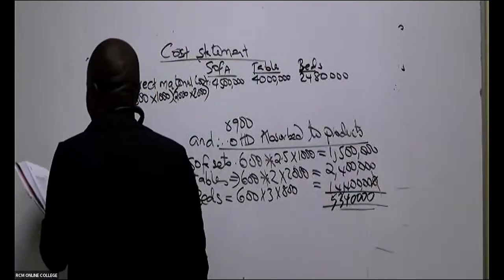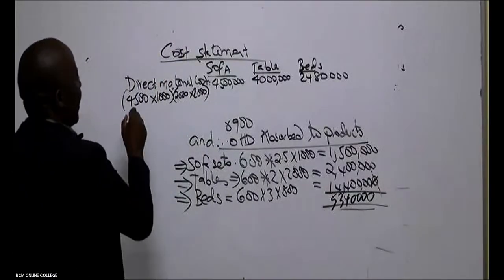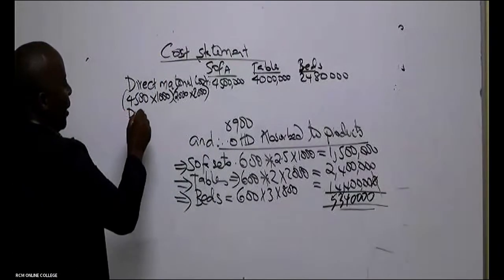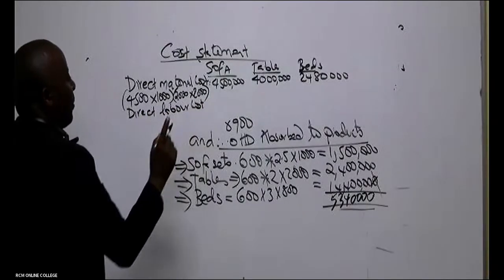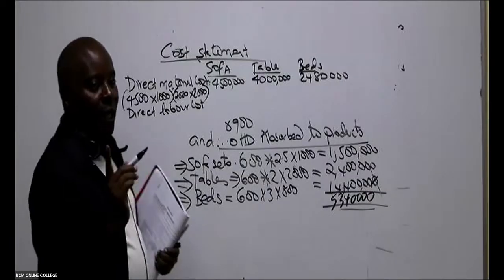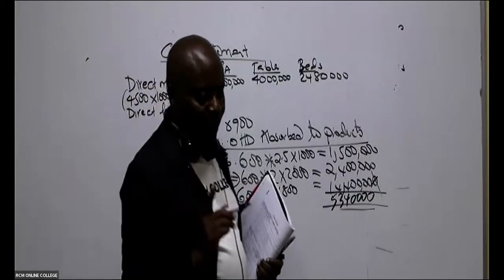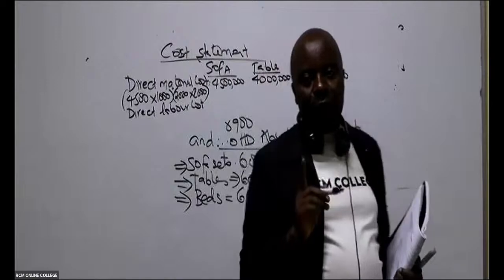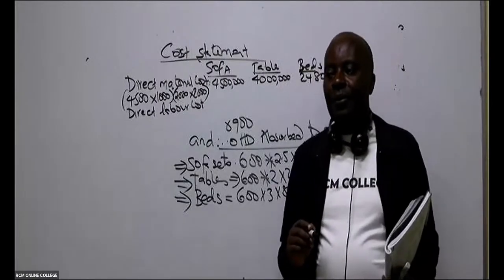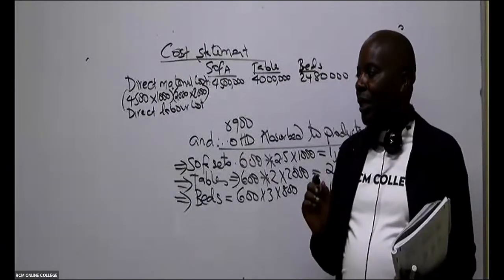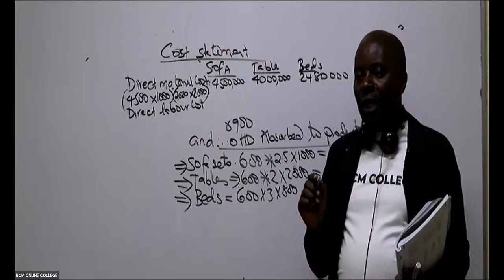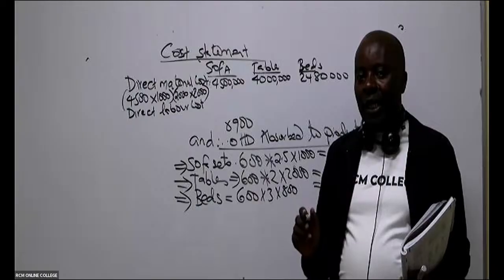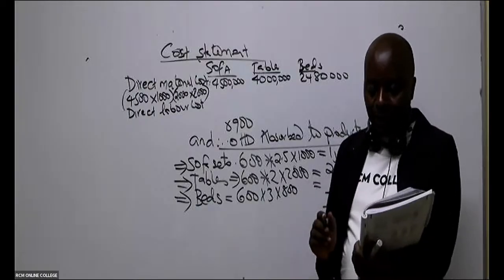From there, we go to, in this case here, direct labor cost. So is there somebody who can use this abracadabra to give me the direct labor cost for sofa set? Because I know direct labor cost is a function of labor hours and the labor rate.